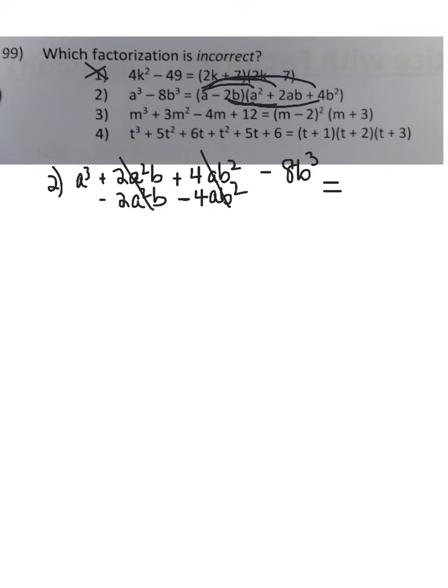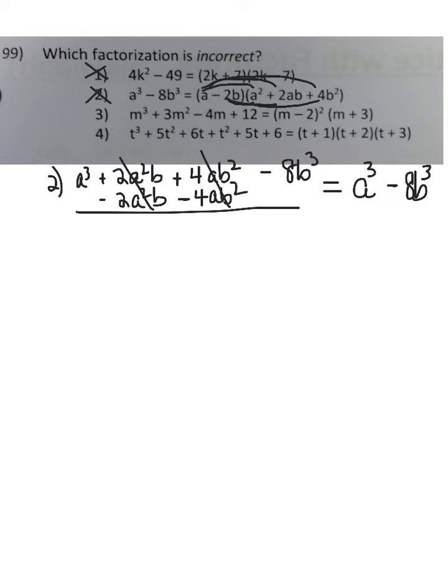So now if you look at what's left over, all we have is A cubed, and then minus 8B cubed. And that does match what you have right here. So that's not incorrect, that is correct. So that's not the answer choice. All right, let's look at choice 3.